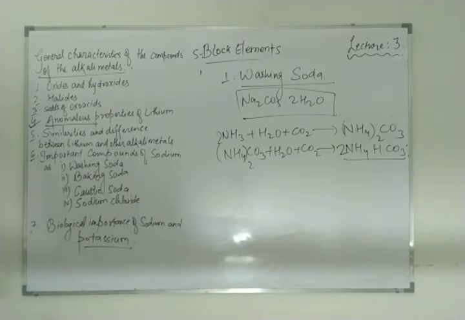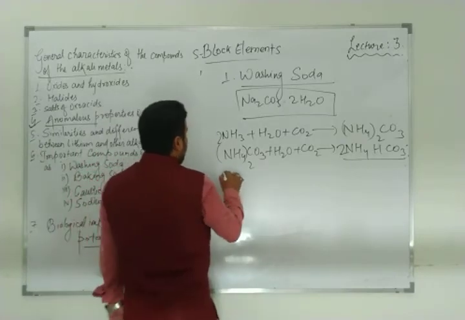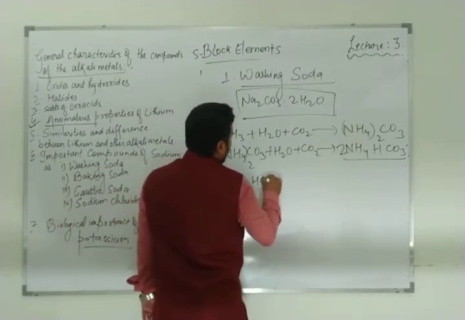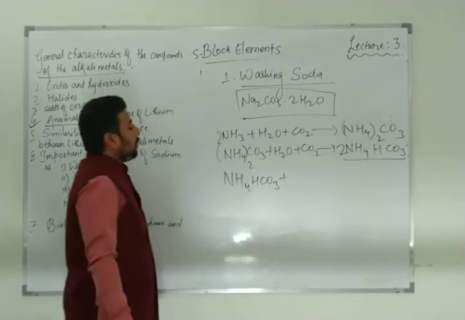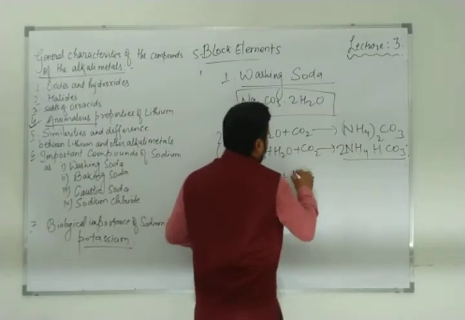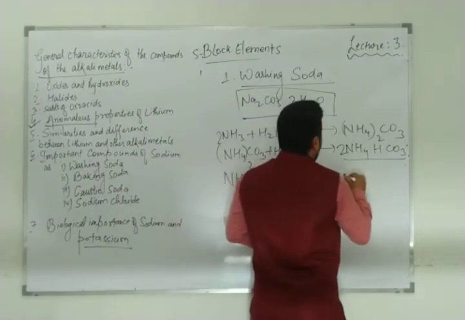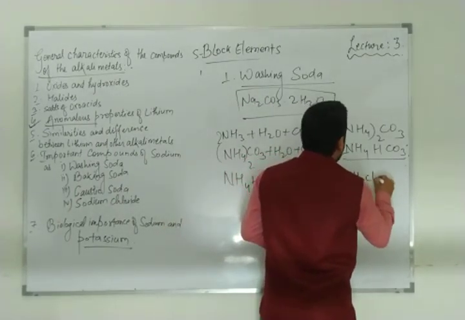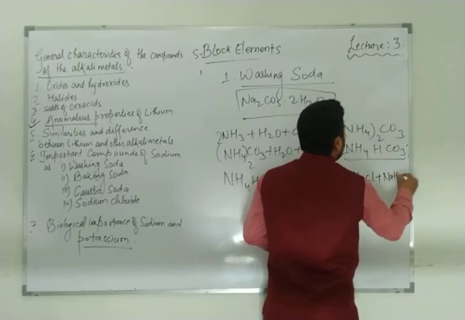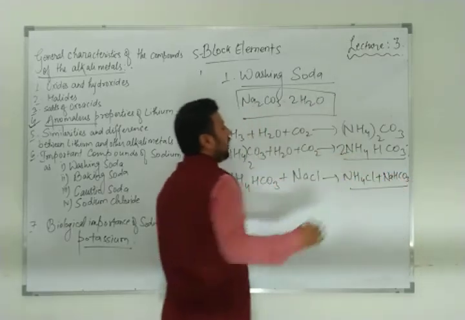Now this ammonium hydrogen carbonate, NH4HCO3, reacts with, can you tell me? It reacts with sodium chloride, NaCl. It gives ammonium chloride, NH4Cl, plus sodium hydrogen carbonate. Right?